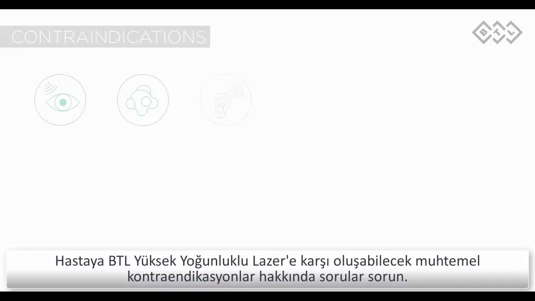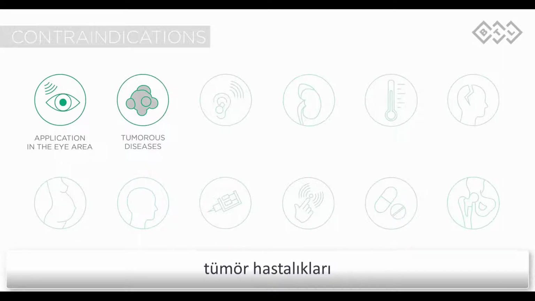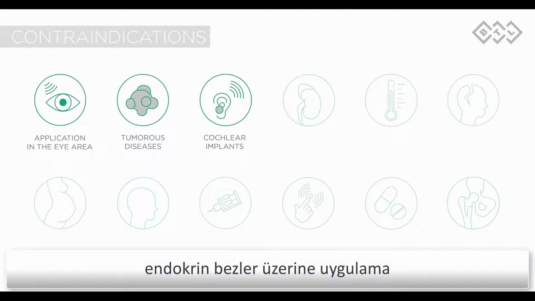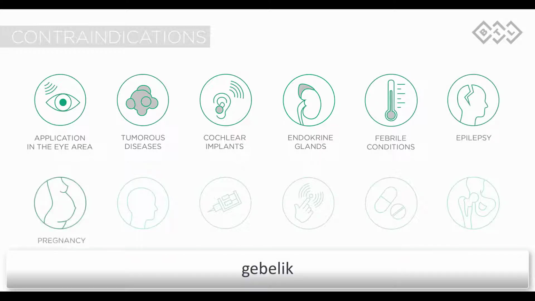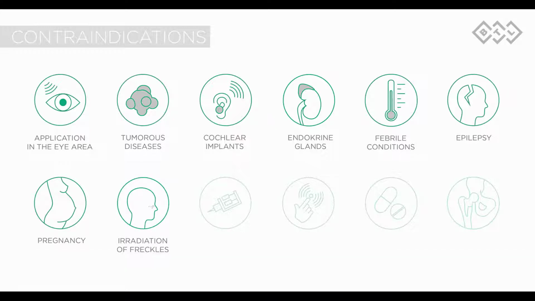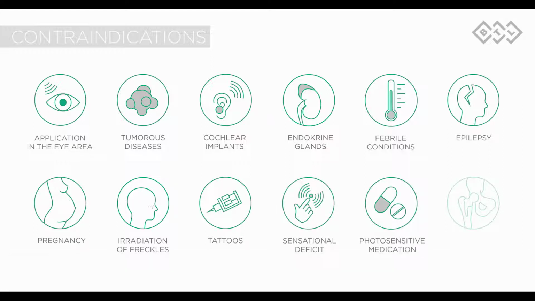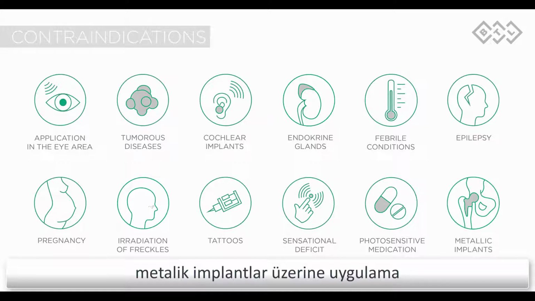Ask the patient about possible contraindications to the BTL high-intensity laser. The basic contraindications are applications in the eye area, humorous diseases, irradiation of patients with cochlear implants, irradiation of endocrine glands, patients with febrile conditions, epilepsy, pregnancy, irradiation of freckles, sites that have tattoos, sensational deficit, photosensitive medication, application above metallic implants.